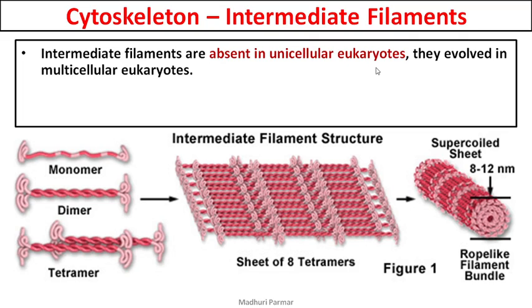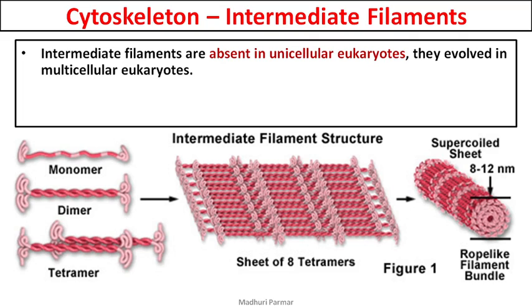They're absent in unicellular eukaryotes and evolved only in multicellular eukaryotes. So if you talk about unicellular eukaryotes, they will not have intermediate filaments. They are present only in multicellular eukaryotes, because remember the reason, they are important for connections, the junctions between the two cells.